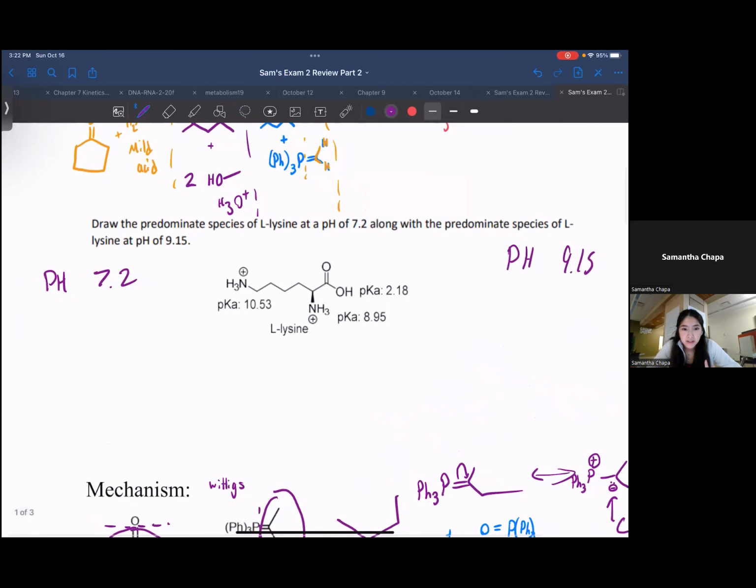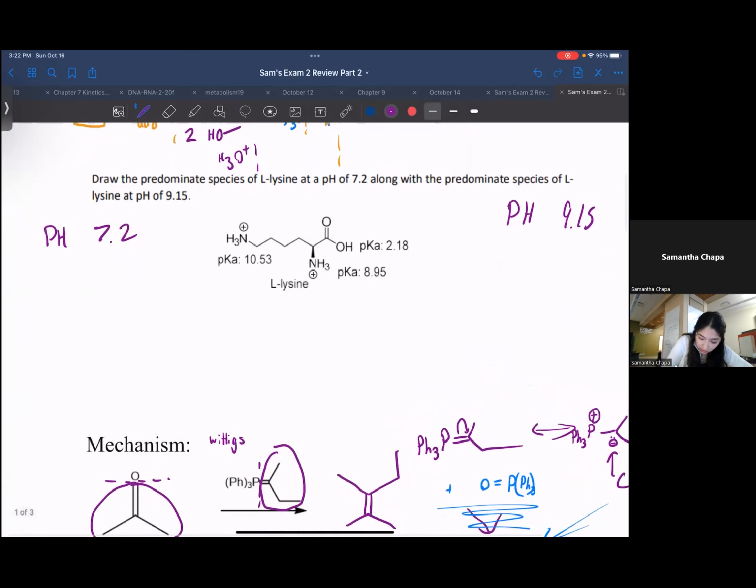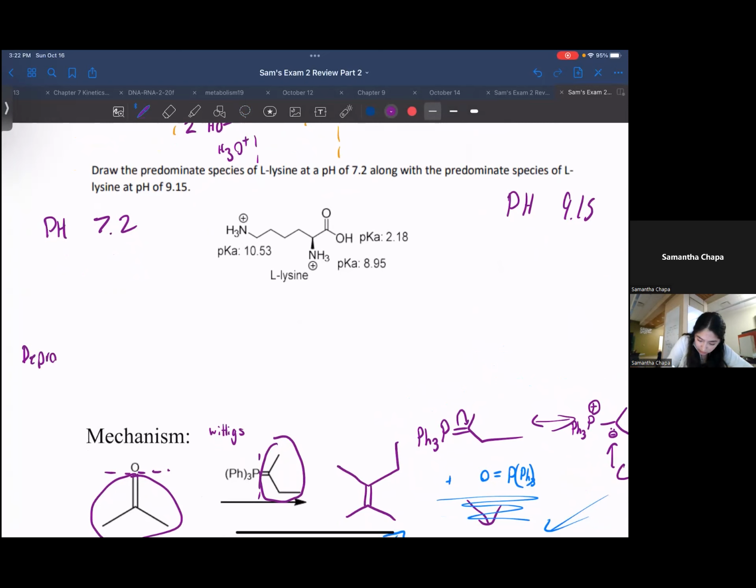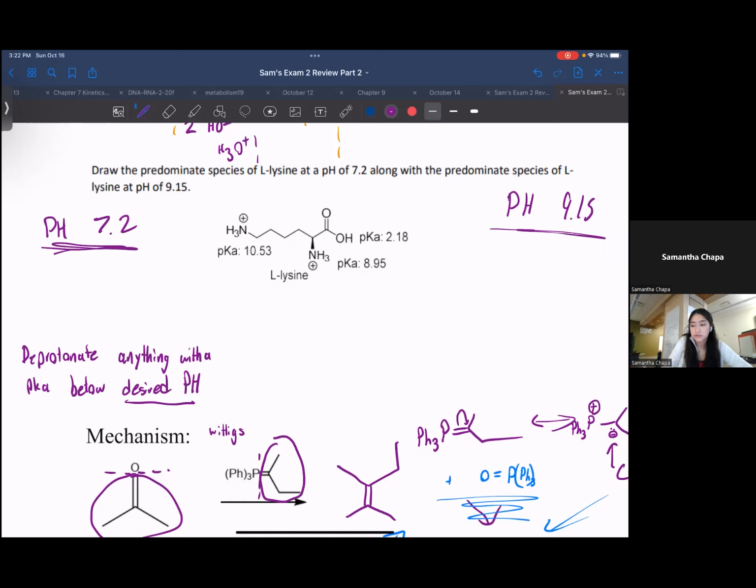The trick for this problem is to deprotonate anything with a pKa below the desired pH. So the desired pH being 7.2 in this case and 9.5 in this case, right?